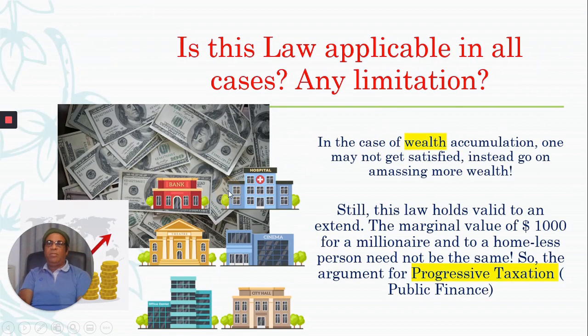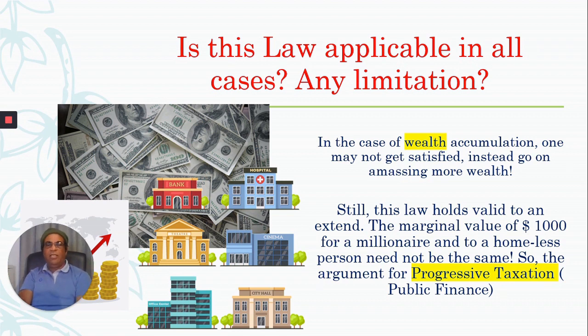And you may also ask whether it is applicable to all situations. Suppose wealth. We know that those who amass wealth, accumulate wealth, are never satisfied. They enjoy, go on adding more wealth, more money, more buildings, like that. Of course, but still there is a possibility that $1,000 for a millionaire or billionaire is different for a homeless person.